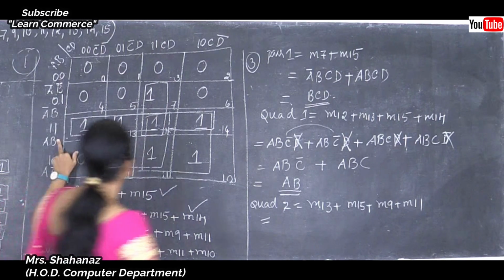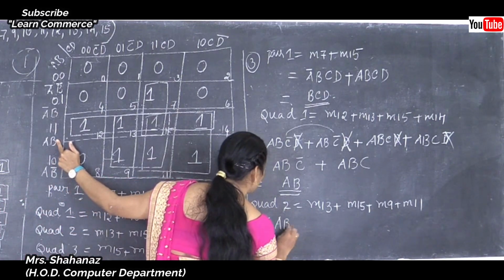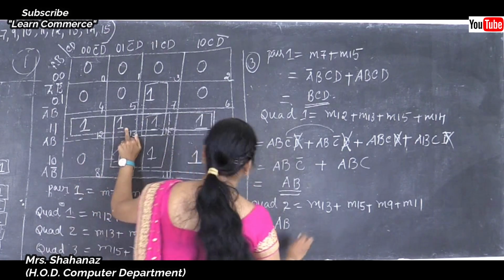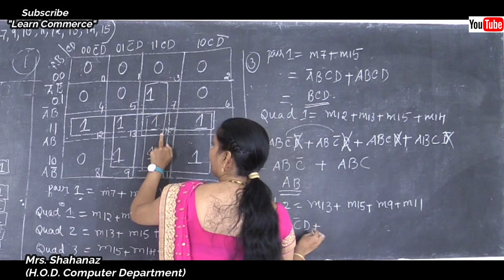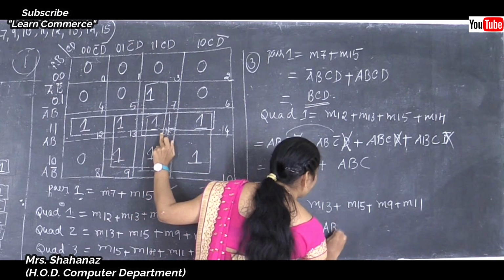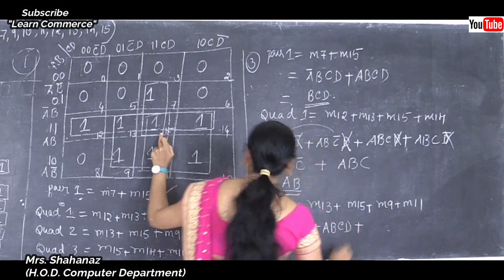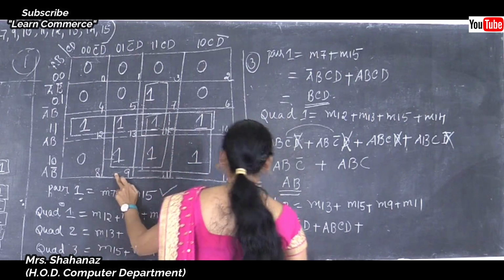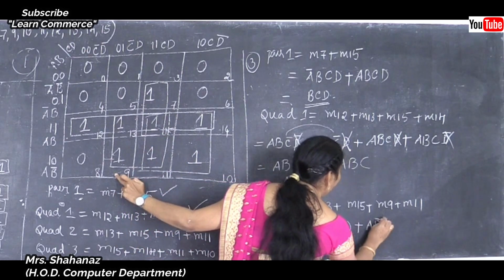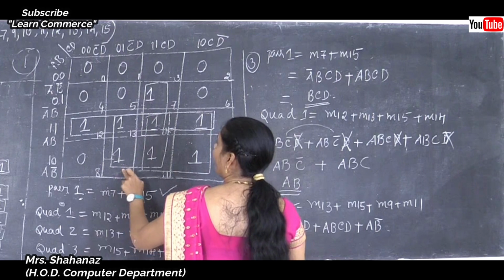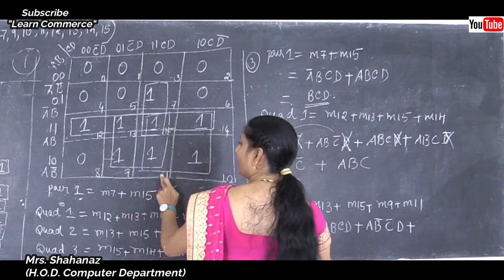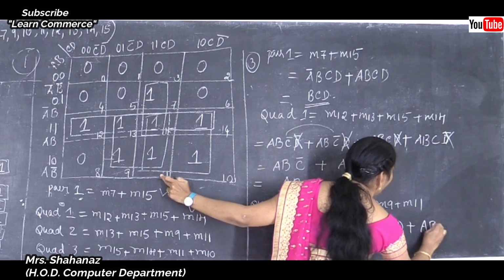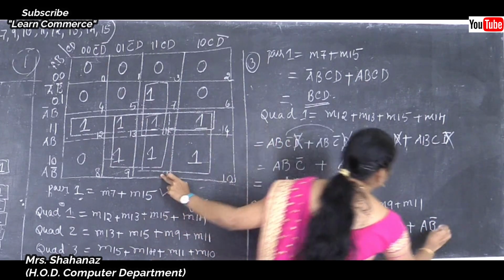So this is the 13 value. So we can take A, B, and next one complement C and D. Now 15 value, that is our A, B, C, D. Okay, A, B, C, D, and the 9 value A complement B, complement C, D, plus 11 value, that is A complement B, and next one C, D.